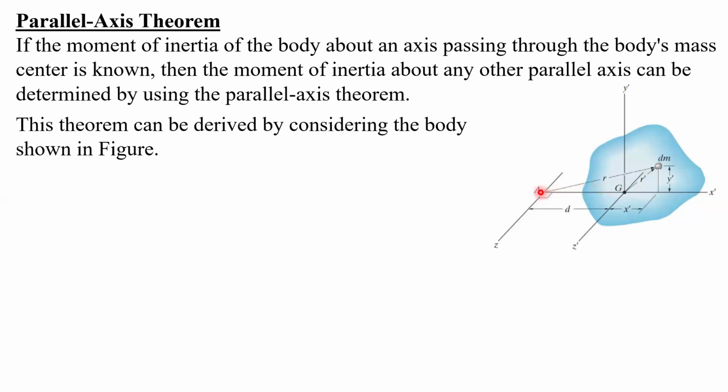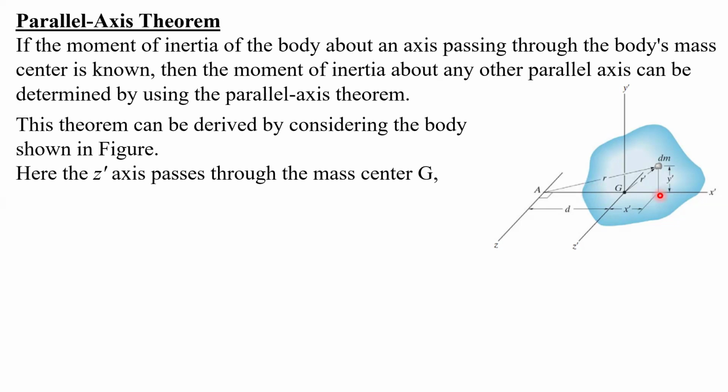Then the side here will now be from A to this point, which is d plus x prime. And then this is the y aspect of the r. So we now have that r square is y prime square plus d plus x prime, all squared.